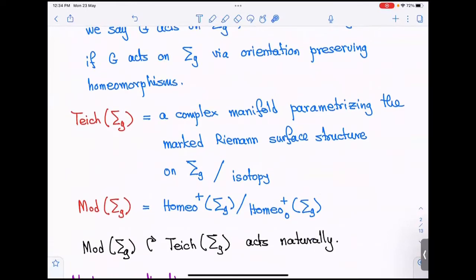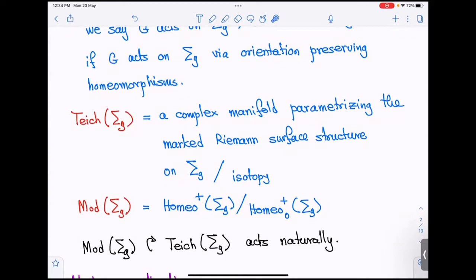You look at the Teichmüller space of sigma g, which basically is the collection of all complex manifolds, which are parameterized and marked at certain points where the actions could be visible as fixed points. So this is why it's called marked points. And you look at it modulo the isotopy, meaning that if two complex manifolds are isotopic, I'll ignore them.